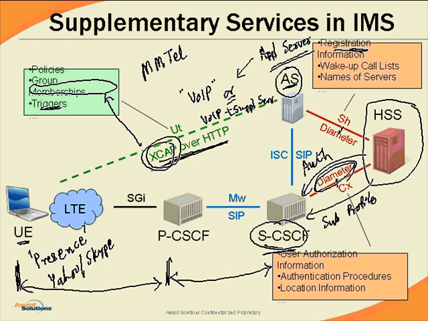So we are familiar with other aspects of this. So the only thing that is really new here is existence of this application server, which gives us those services. So standardization is a work in progress to define those services and exactly how to implement those.